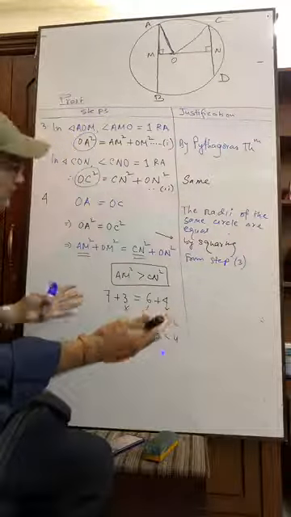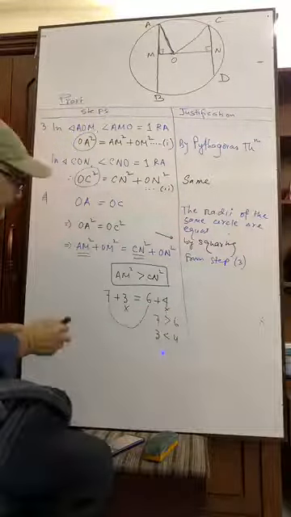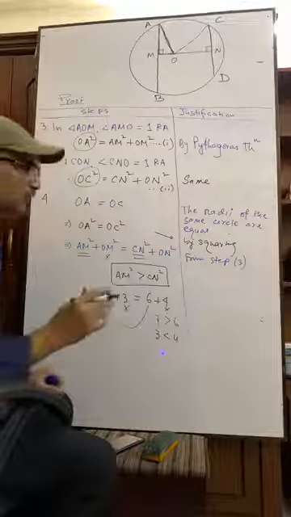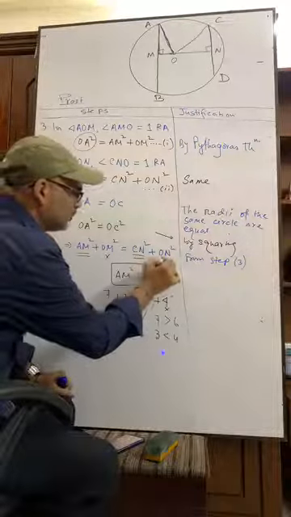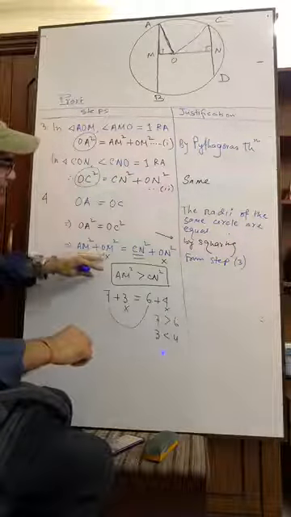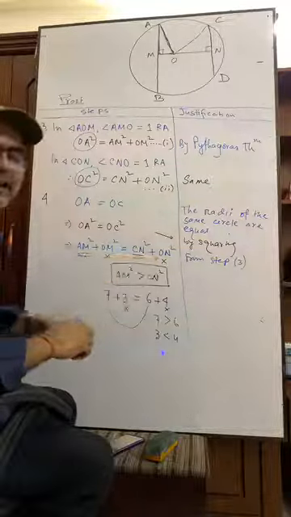Then what will be? OM square will be less than ON square.